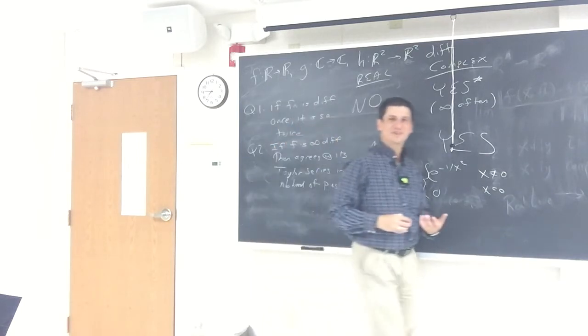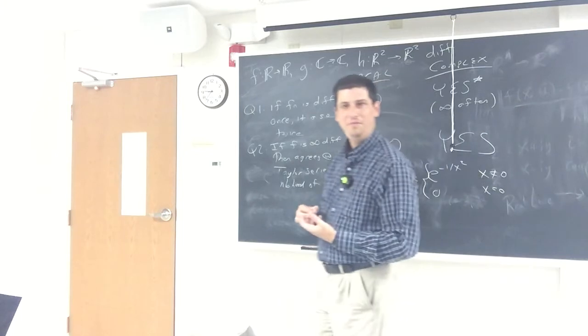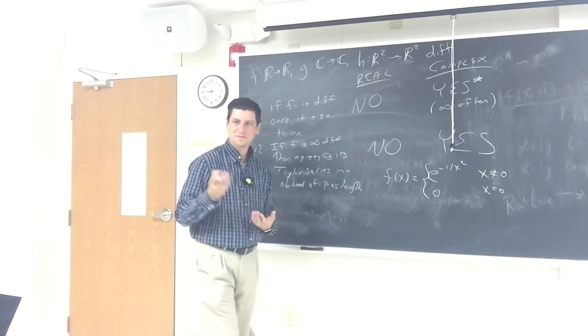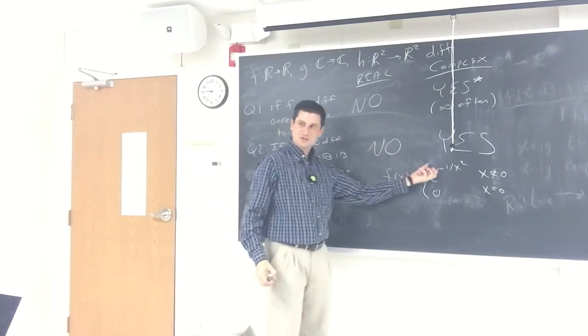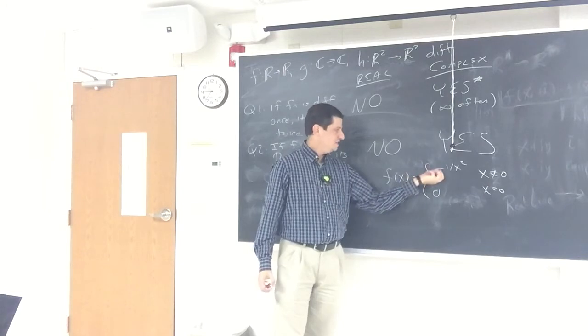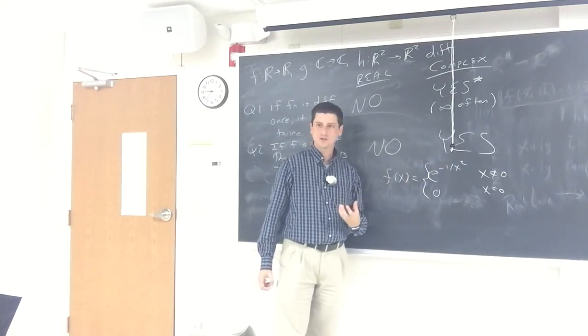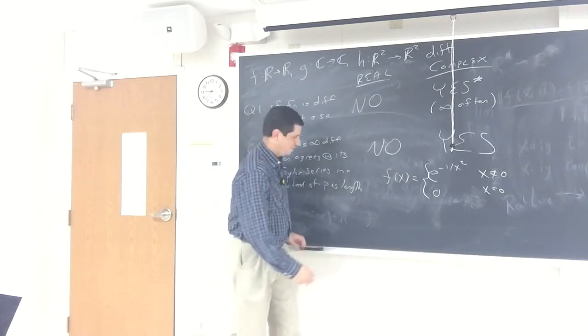So how would you take the derivative? What would you do? You have to go back to the definition, and you would look at f of x plus h minus f of x over h. Well, when x is 0, you would have e to the negative 1 over h squared, so you'd use L'Hopital's rule. So do people remember L'Hopital's rule?